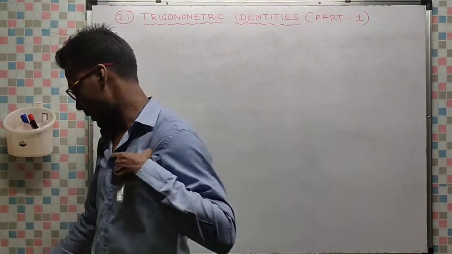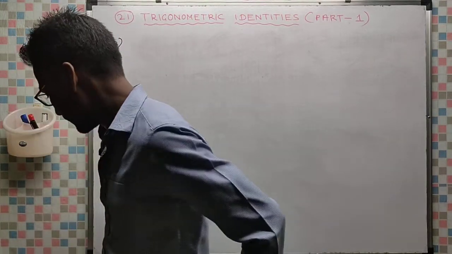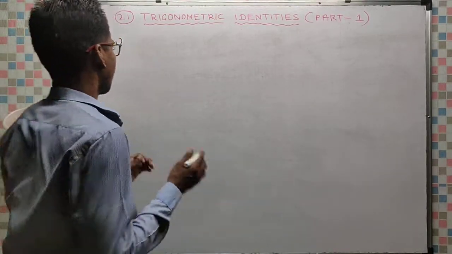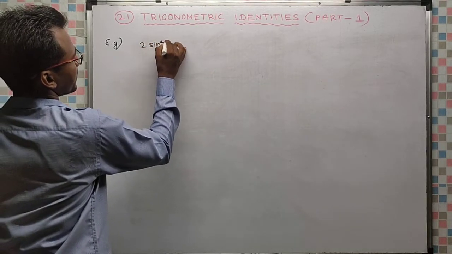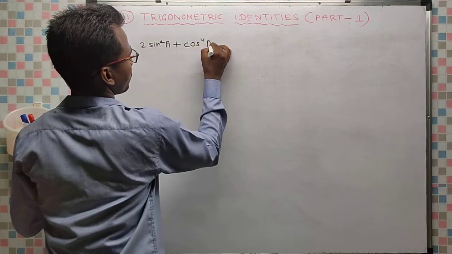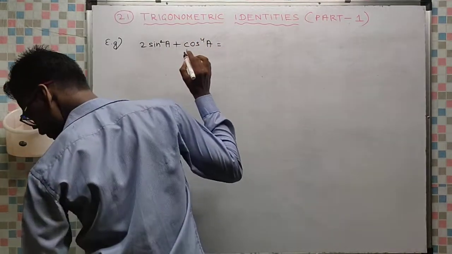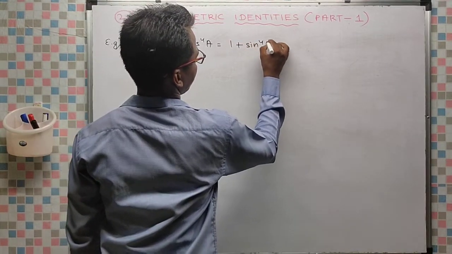Let us move to another example. 2 sin square A plus cos power 4A is equal to 1 plus sin power 4A.